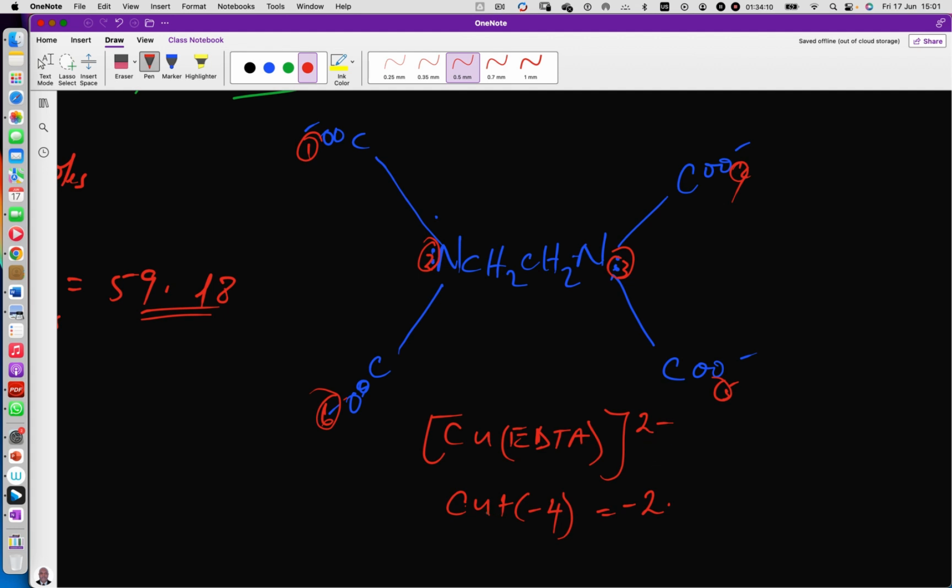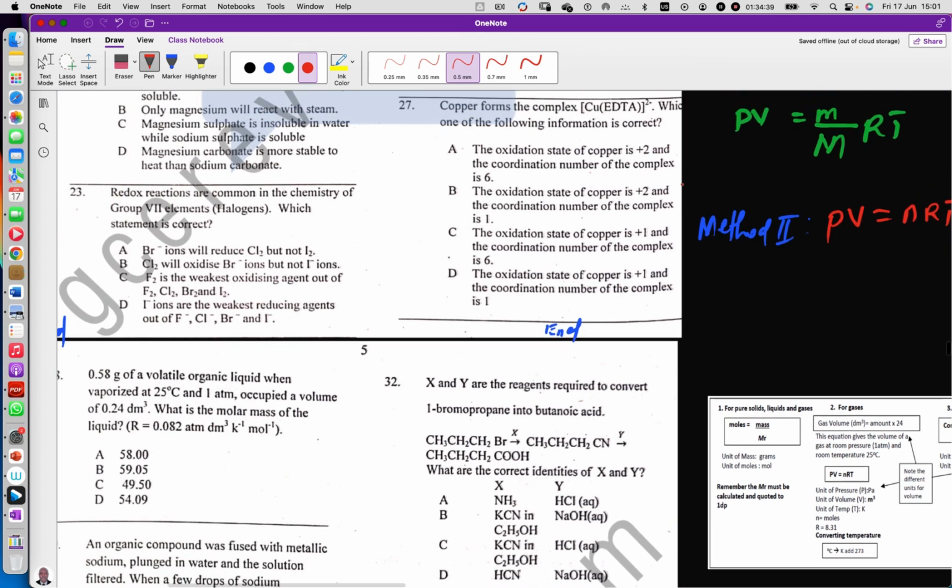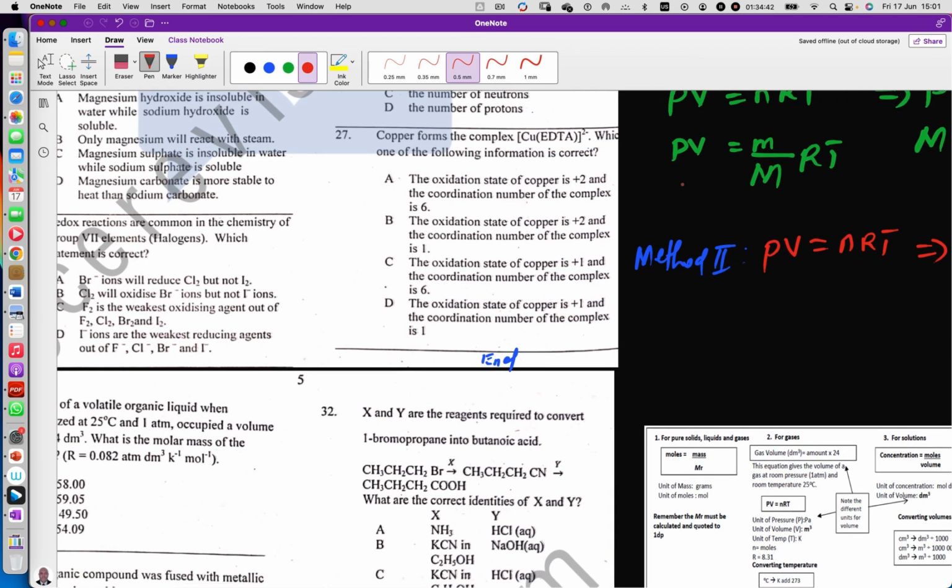So now copper will be equal to -2 plus 4, and copper will be plus 2. So we have a coordination of 6 and plus 2. Let's check the options.